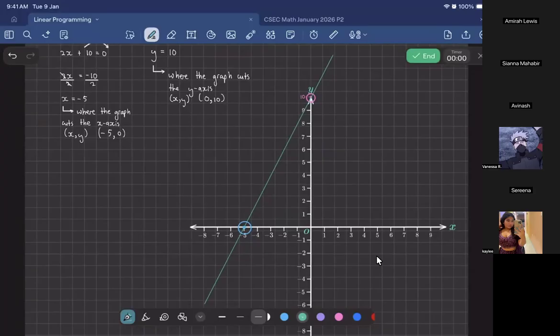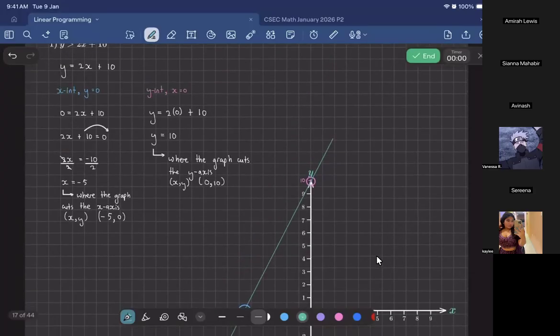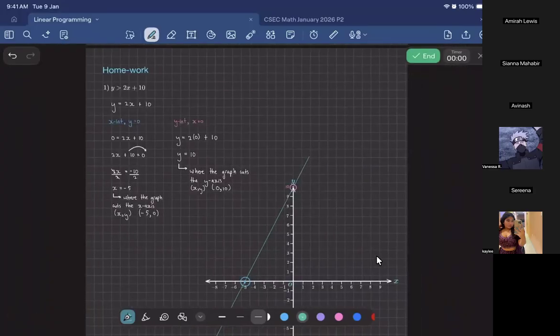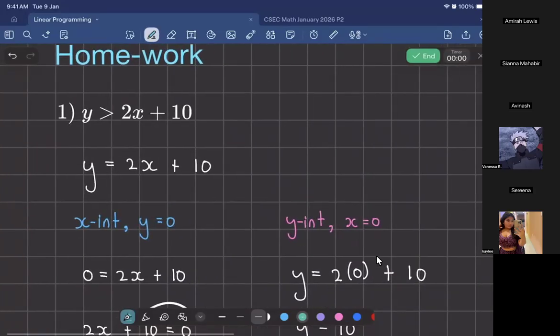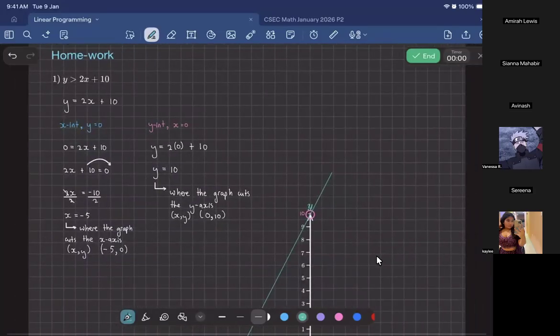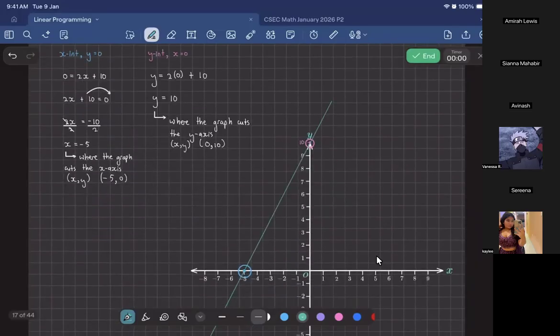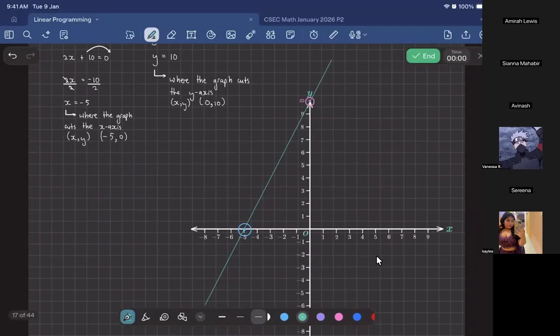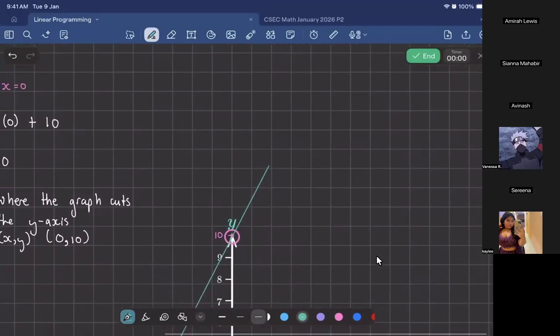But okay. So guys, we made an equation: y is equal to 2x plus 10. We found the x-intercept and the y-intercept, and I drew my line. What is the next step? After you draw the line, what's the next step? I'm going to call this y is equal to 2x plus 10. That's my line there.